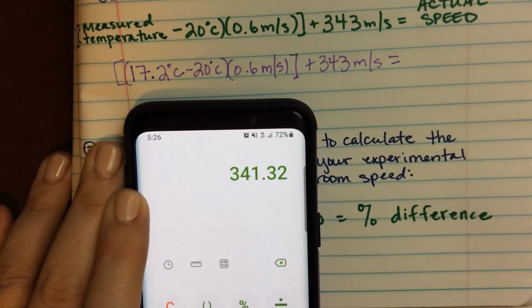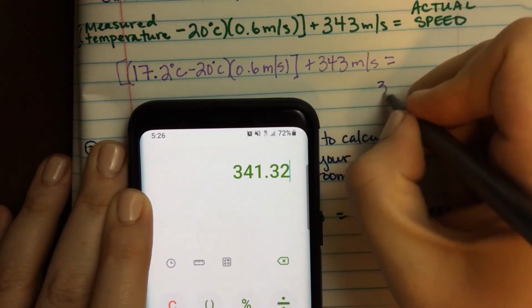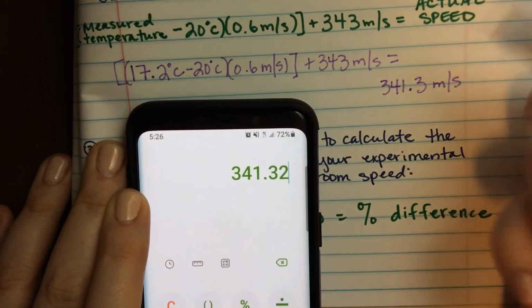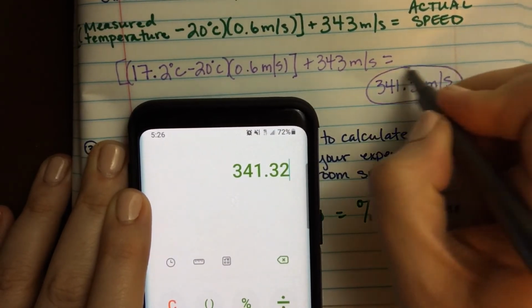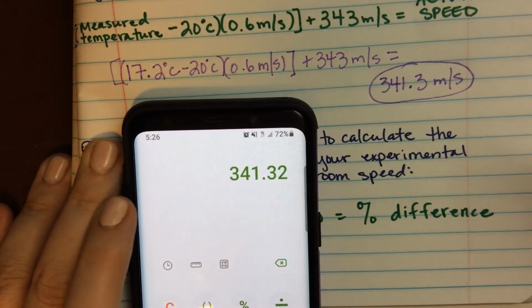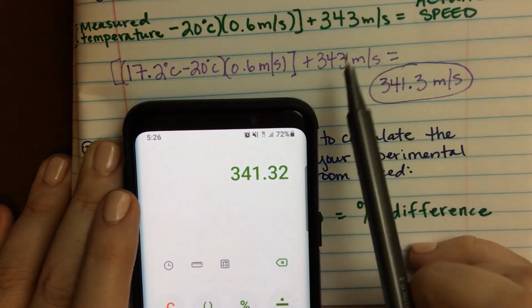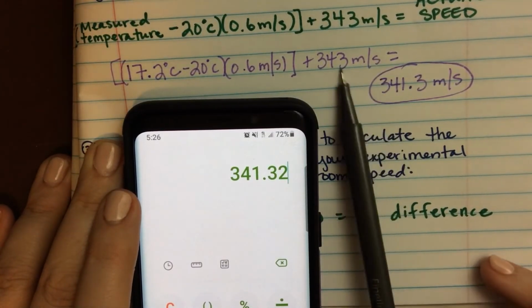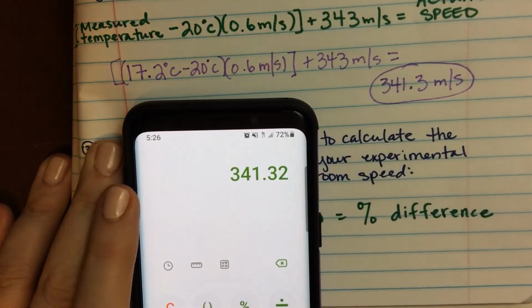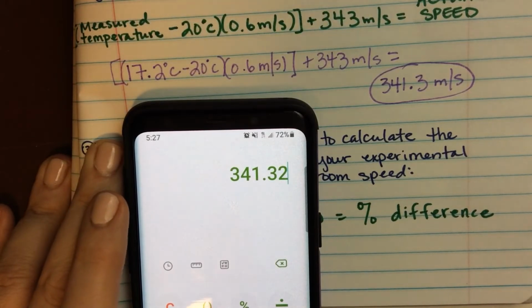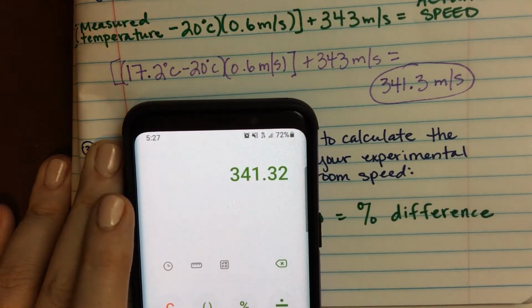So 341.32, or 341.3 meters per second, is the actual real speed that sound moves in this room that I'm in right now. It's a little bit lower than 343 because, if you remember from your notes, hopefully you do, sound moves a little bit slower in colder air. In warmer air, it moves a little bit faster.